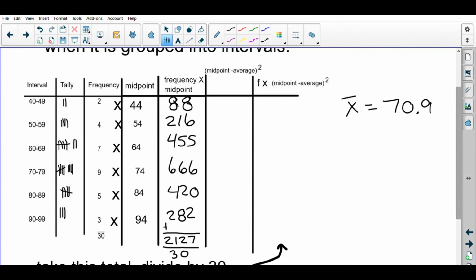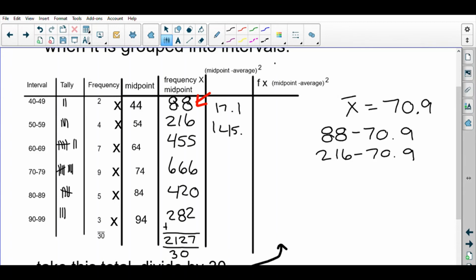I'm going to take each point here and subtract it from 70.9. So what is 88 subtract 70.9? We get 17.1. 216 subtract 70.9 is 145.1. I'm going to continue filling in our chart.